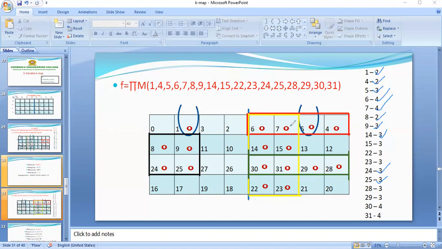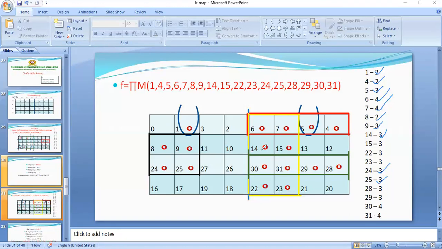After grouping, you have to remember this: the shape of that group may be a rectangle or square, and grouping can be done either horizontally or vertically, but not diagonally. So you have to remember these points while grouping.